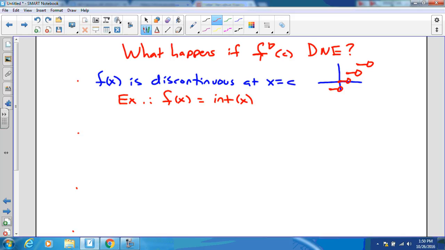And to do that, the graph must have an infinite rate of change, but from one direction only, from the left only. So we have f prime from the left at x is positive infinity when x is an integer. But f prime from the right at x is equal to 0.